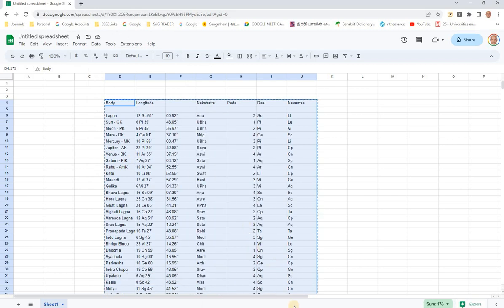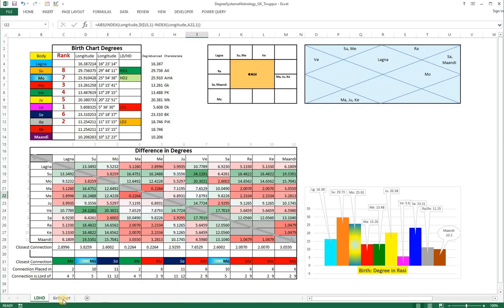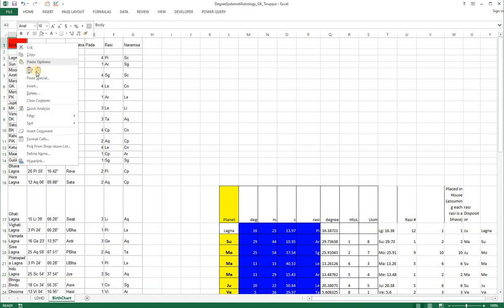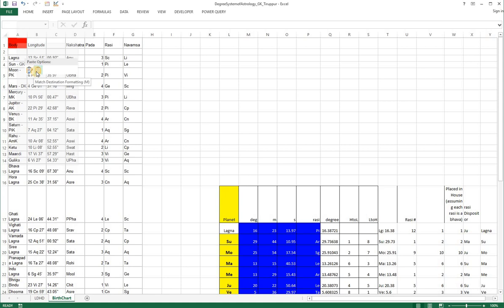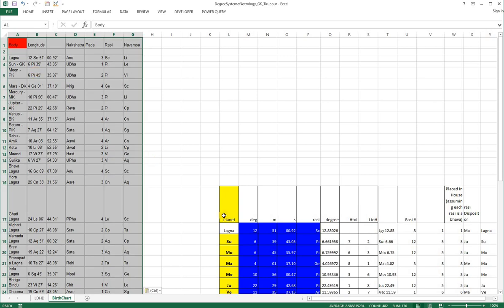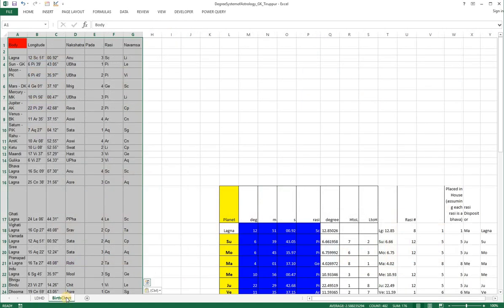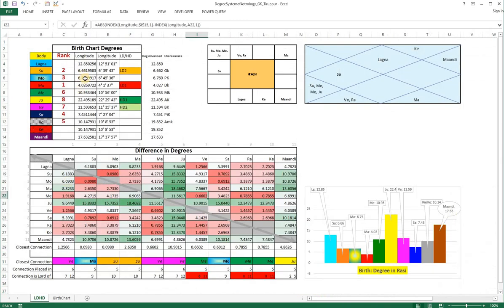Just copy this, come to the degrees astrology, go to the birth chart, and wherever I have marked it as red, just click there and paste, matching the output format here. Then automatically these degrees are separated and captured here. So this is the input sheet where you have to paste from JHORA. The birth chart, all that would be captured here. So you don't have to do anything further.